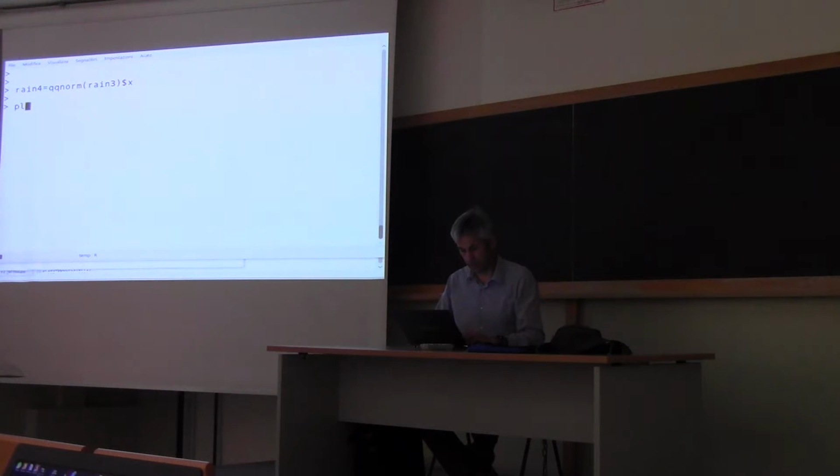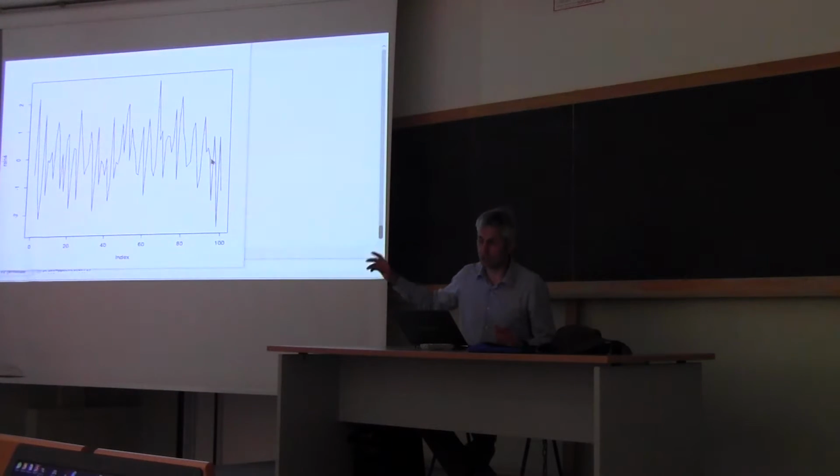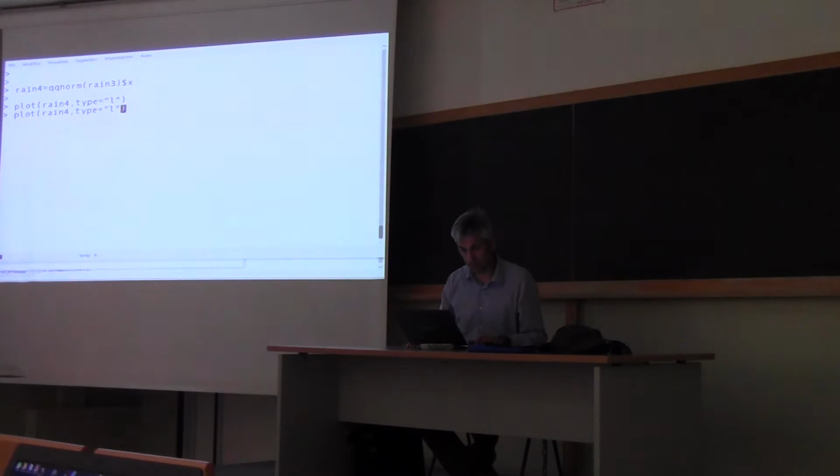So if we look at this data, you see that the graph is not much dissimilar with respect to what we had before. The difference is the scale. If you look at the scale, there is indeed a change of scale. Let me show you the graph that we had before. This is rain 3.